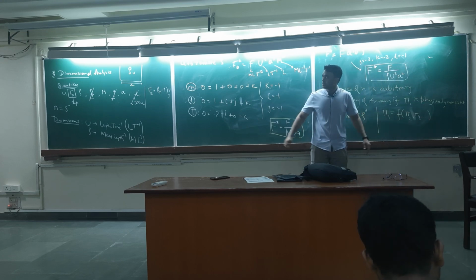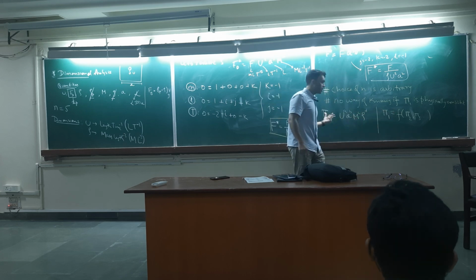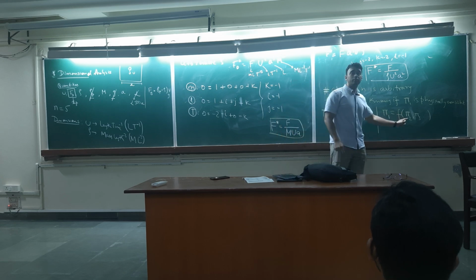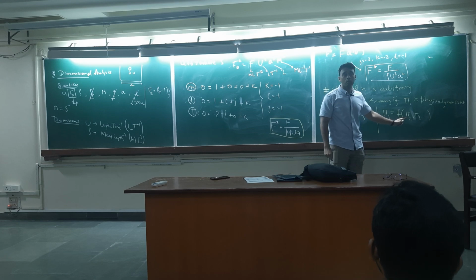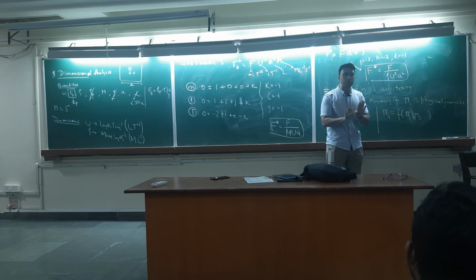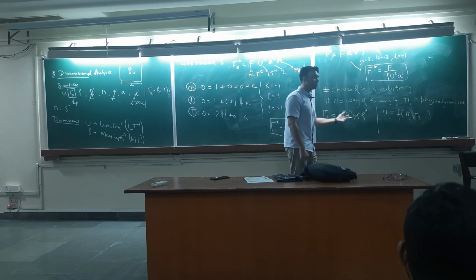So my non-dimensional entity, FD, will be some function of this pi 2. That's what comes out from the Buckingham pi theorem. But it does not tell you if it's under root pi 2, if it's pi 2 square. It just tells you by the dimensional consistency that my non-dimensional drag force will be dependent on this pi 2, whatever we are going to find.